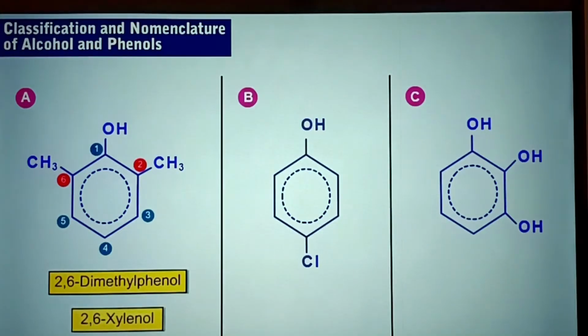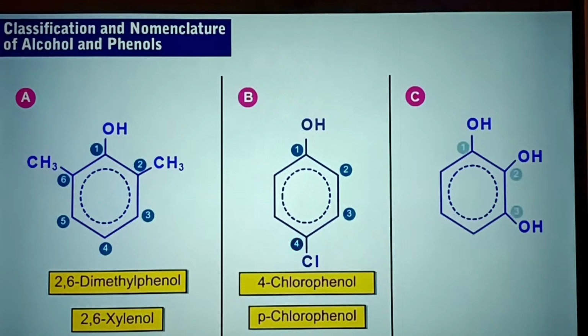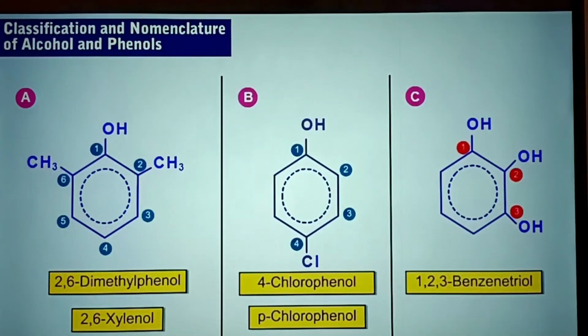Its common name is 2,6-xylenol. Molecule B is 4-chlorophenol or parachlorophenol. Molecule C is 1,2,3-benzene triol. It is commonly known as pyrogallol.